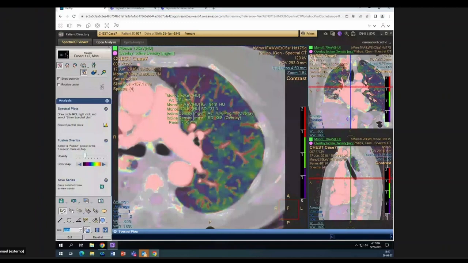and see that the iodine density is 4.76. That's too much.